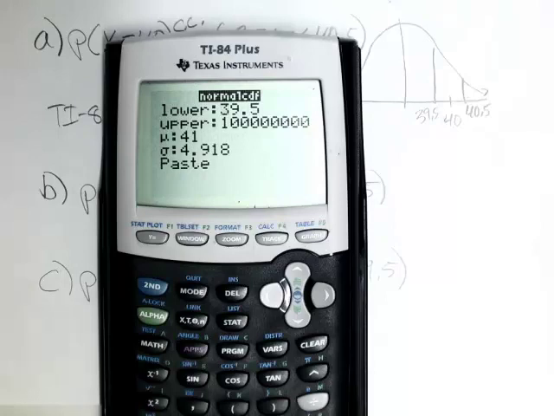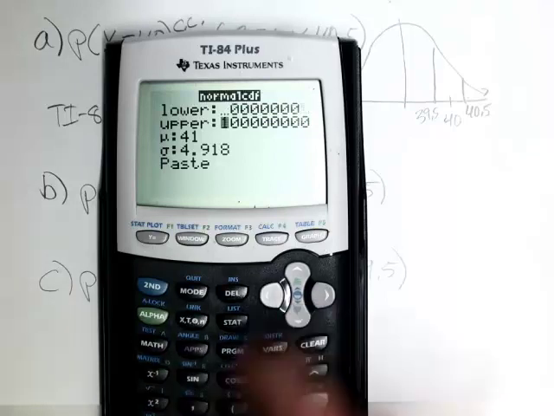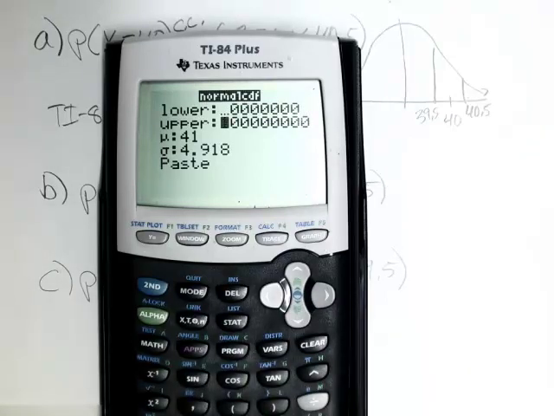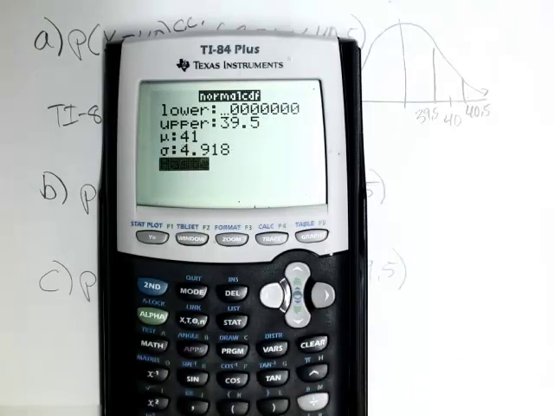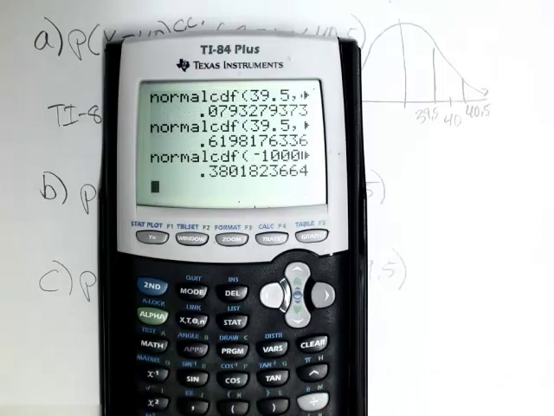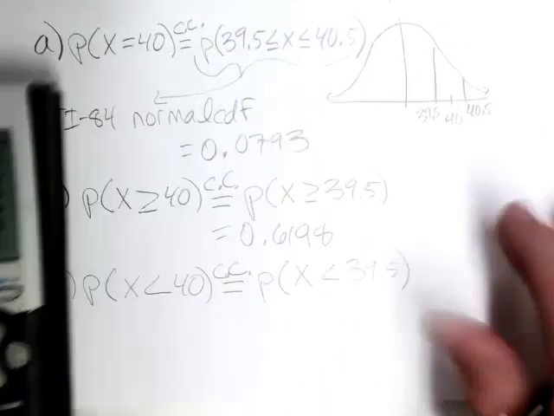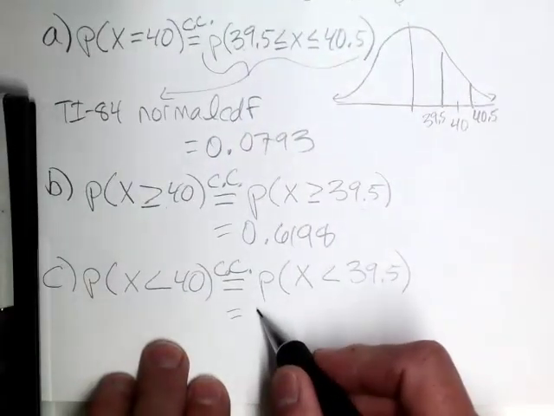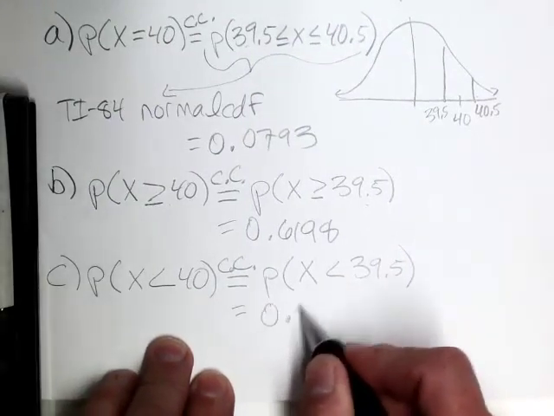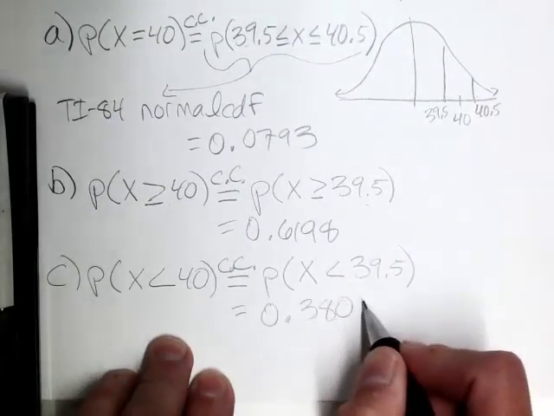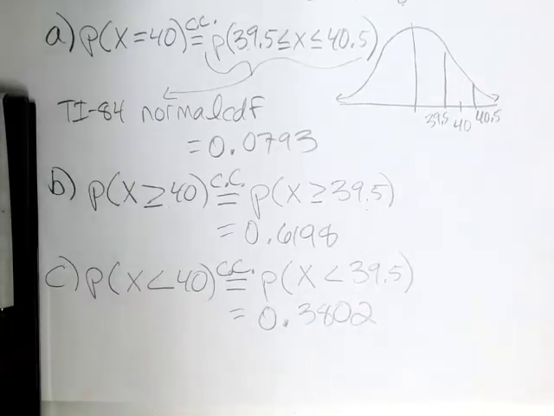Now this time my lower bound is a very small number, so I'm going to put a -1 and a bunch of zeros. My upper bound this time is 39.5. Mu and sigma are the same. And entering through that, I would get about 0.308, okay, rounding to 4.